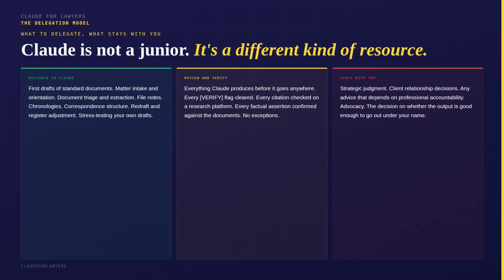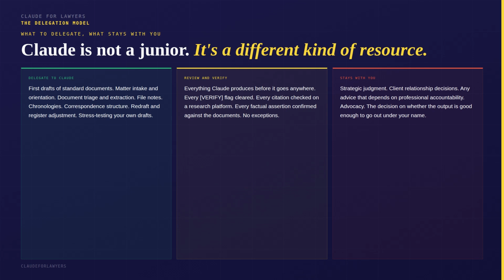Redraft and register adjustment, hardening a position, softening a tone, changing the register for a different audience. Stress testing your own work, asking Claude to read your draft as opposing counsel, as the judge, as the client. These are all high-value uses of Claude that save significant time without crossing any professional line.